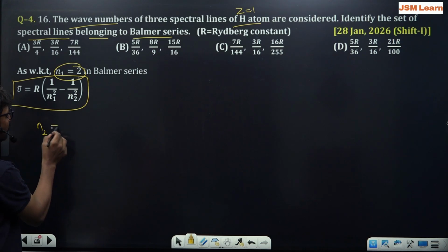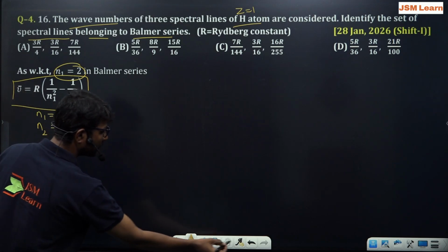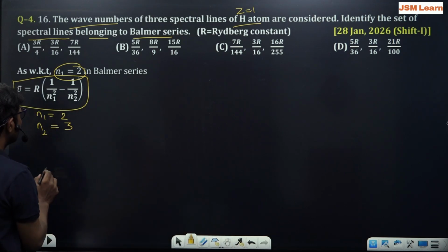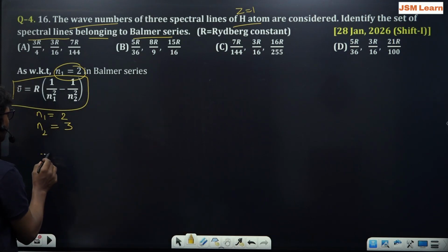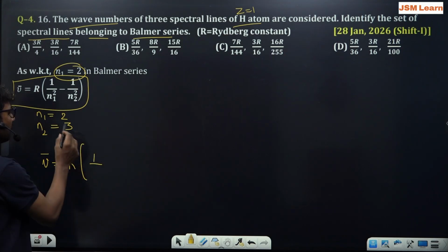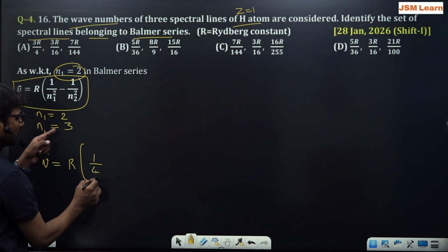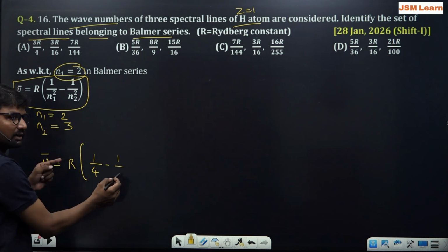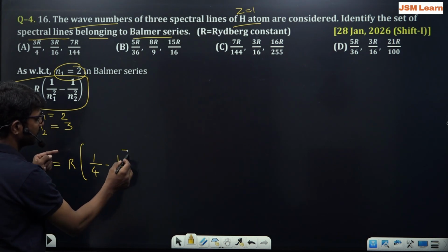Firstly, I am taking the N2 value as 3, and the N1 value they have given. Balmer series means this can be taken as 2. So now, on substituting the values, mu bar is equal to R into (1 upon 2 square minus 1 upon 3 square). Directly writing 9.